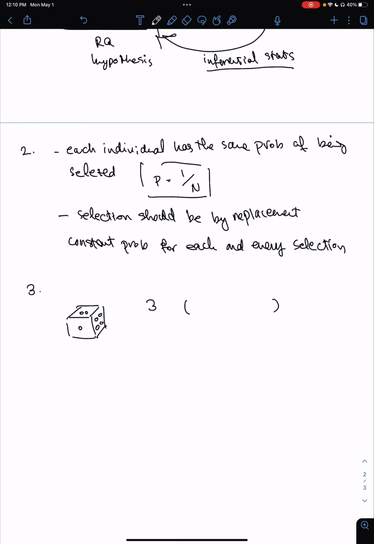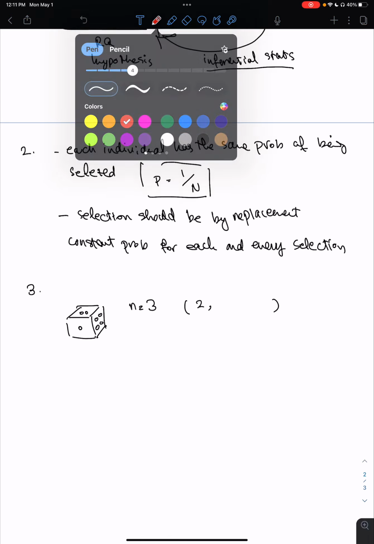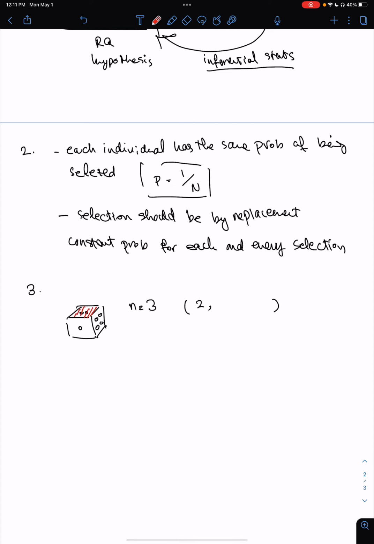This will be the sample. Because this is a sample, our sample size n is 3. So we roll it once, we get 2. If it wasn't with replacement, imagine you remove 2 from the sample, so we can't get 2 anymore.